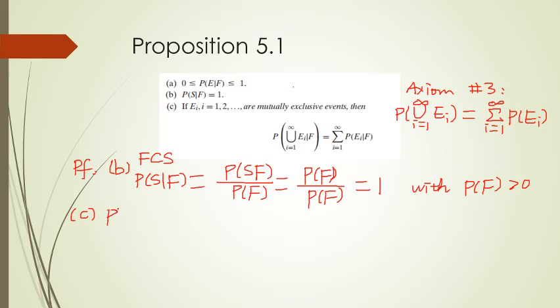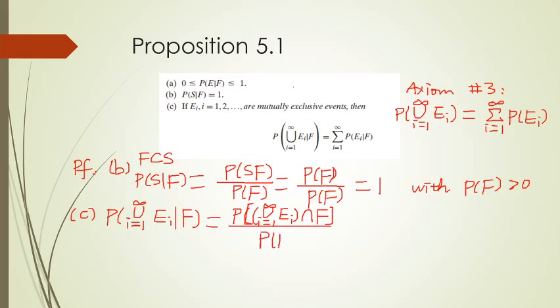Now let's rewrite the conditional probability: the union of E_i for i from 1 to infinity, given event F. According to the definition, that will be the union of E_i and F, over the probability of F. How can we expand this one?